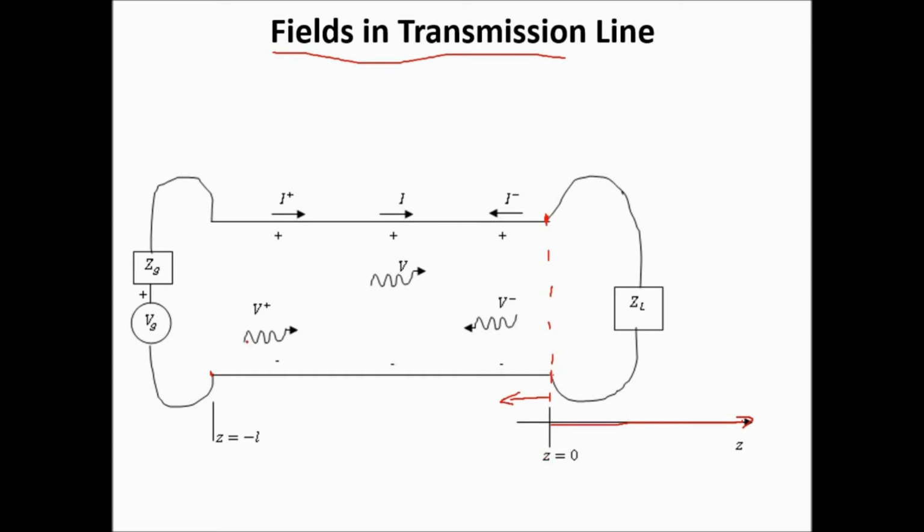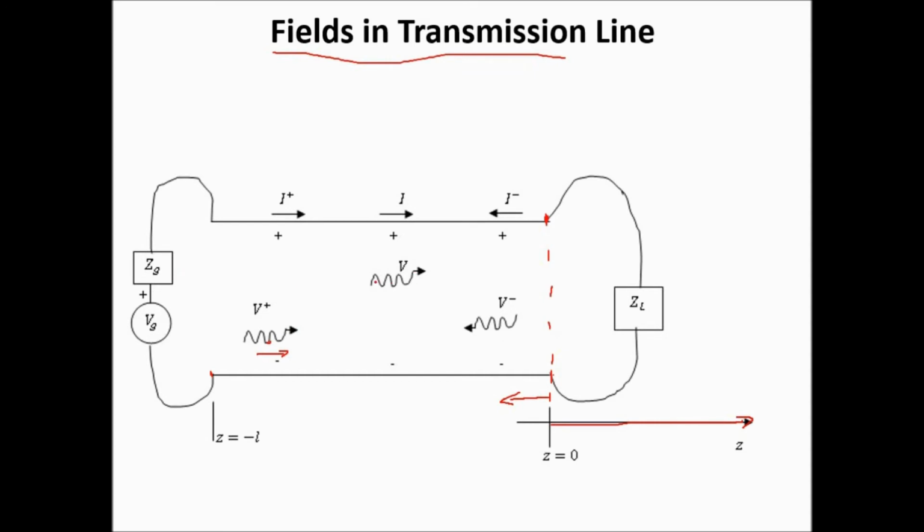So now you see at this point we have a wave that is propagating in this direction towards the load, that is V plus, and a wave is reflected toward the generator, that is V minus. So this is the reflected wave, and this is the transmitted wave.